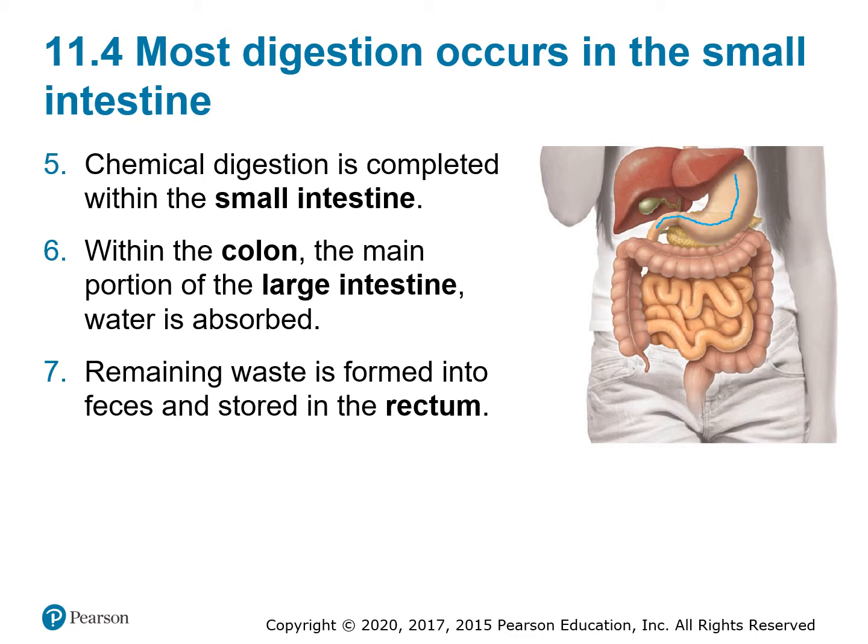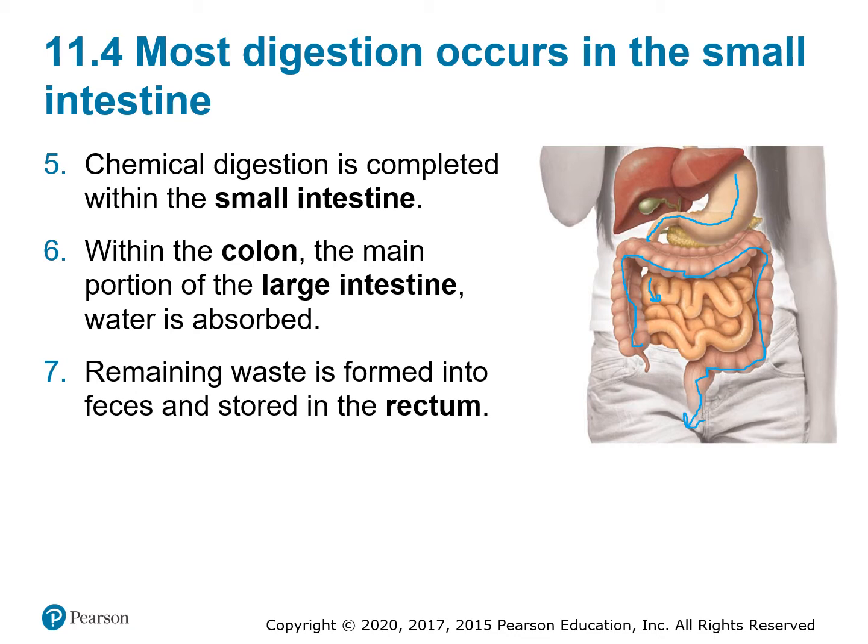And then it moves into the small intestine, and this is the small intestine. And then after you get done with the small intestine, then it moves into the large intestine, and then is finally released.